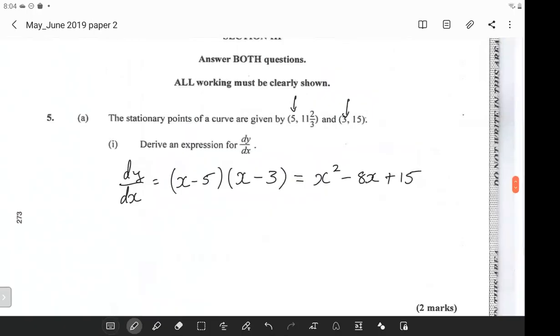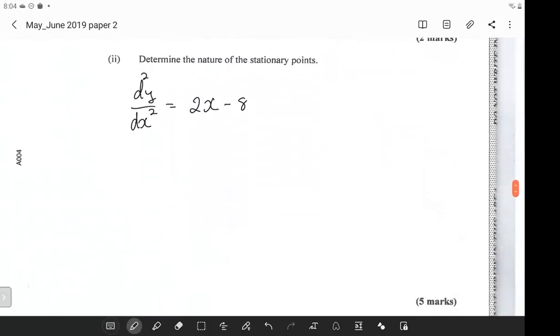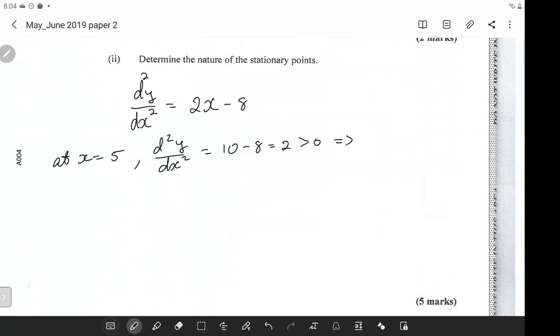So if we substitute 5, at x equal 5, we have d2y dx squared equal to 10 minus 8, which is 2. And 2 is bigger than 0, meaning that it is positive. That means that we have a minimum at x equal 5.